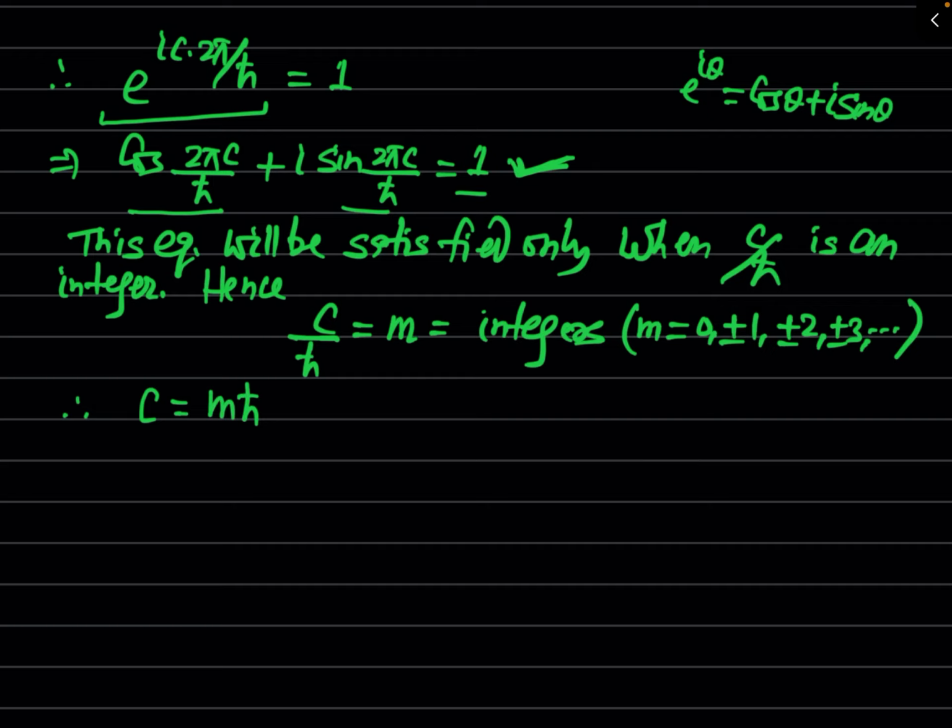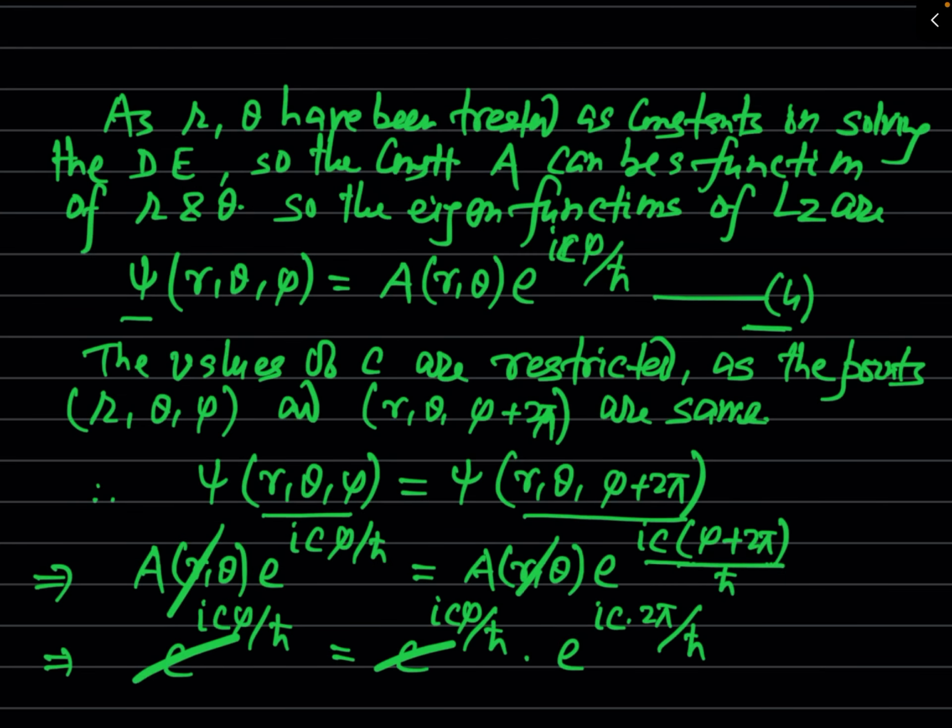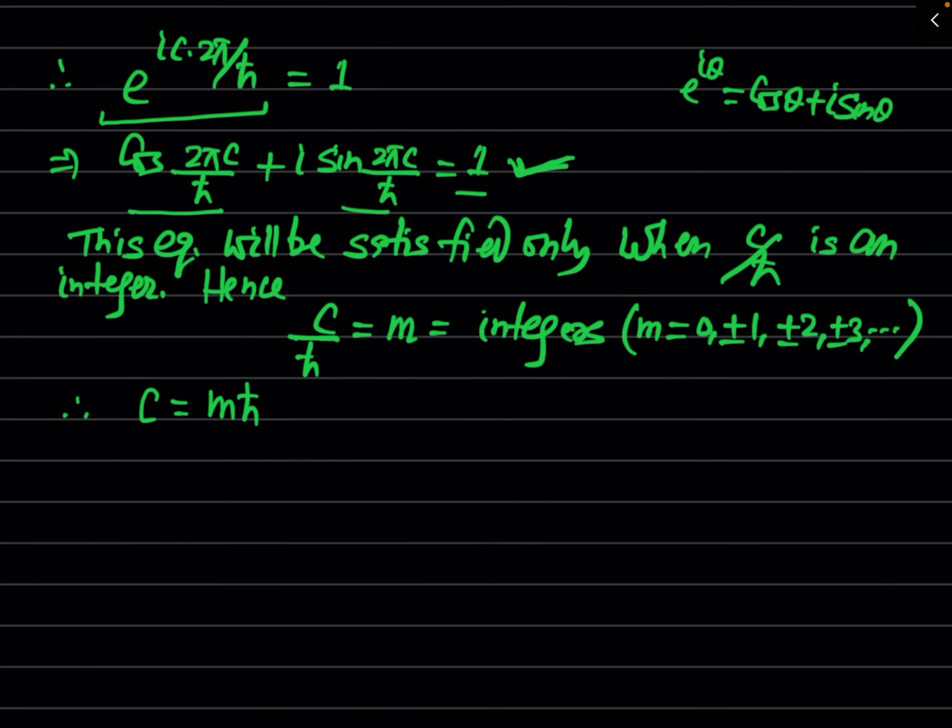So these are actually the values of c. And what are c? They are actually the eigenvalues of our operator Lz. So eigenvalues of operator Lz are m h bar.